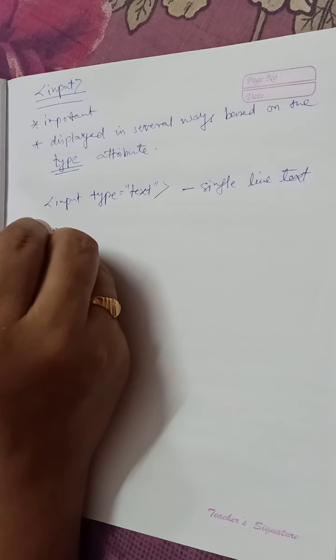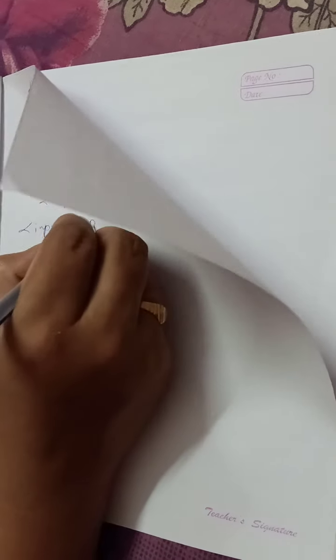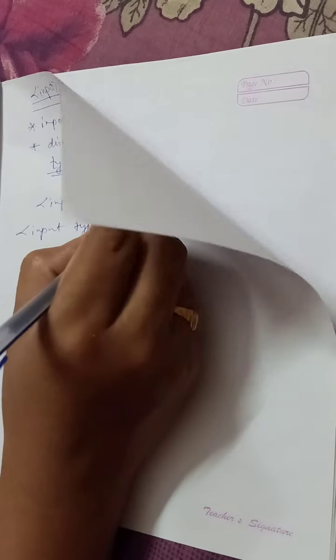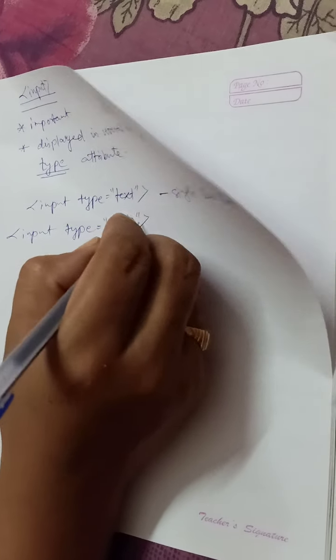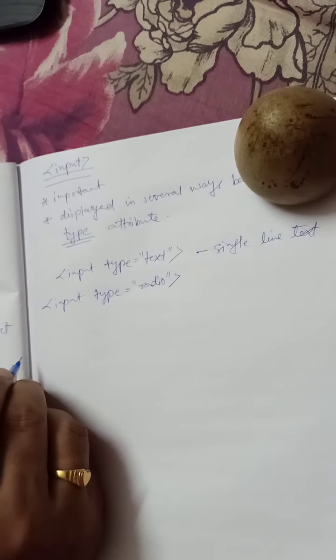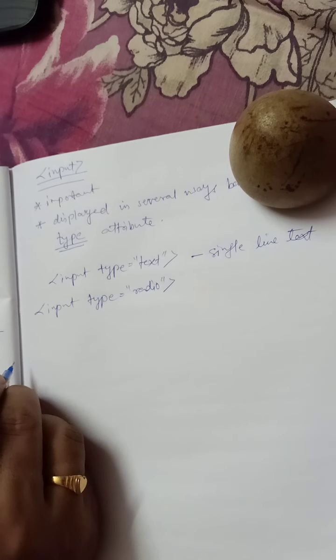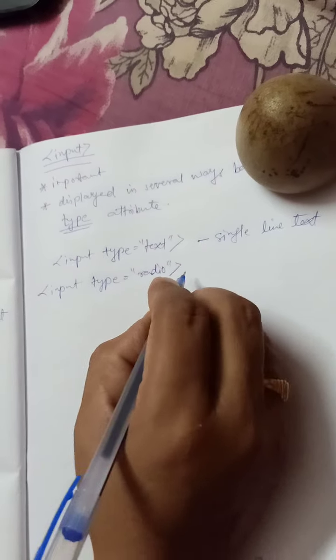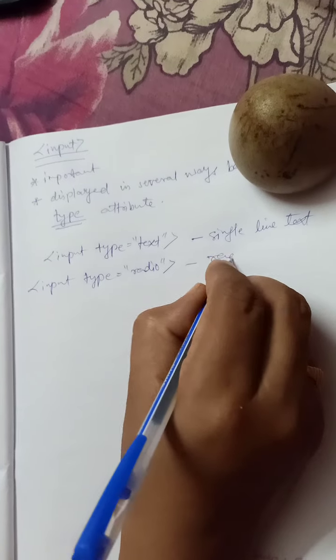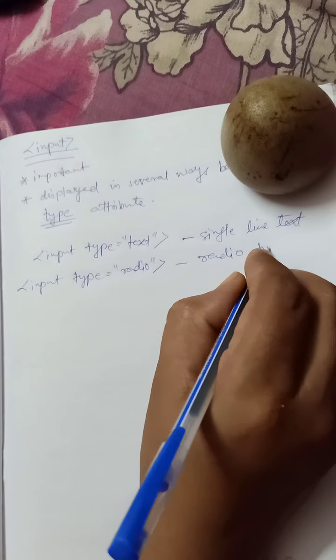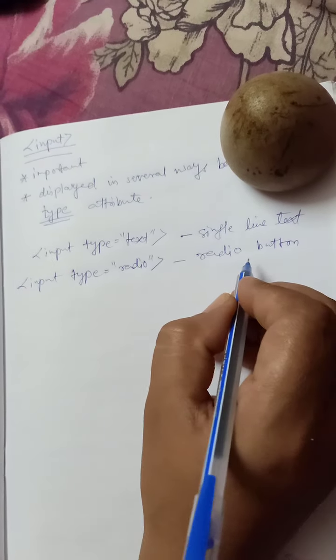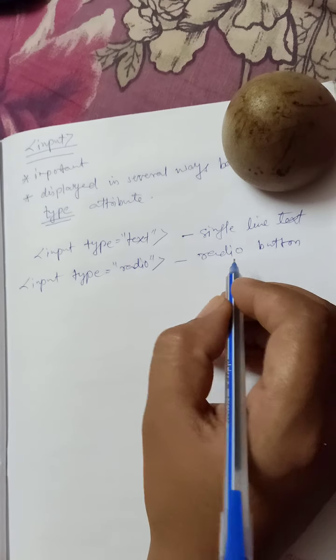Similarly, if we write input type equal to radio, so it defines a radio button that is used for selecting one of many choices.